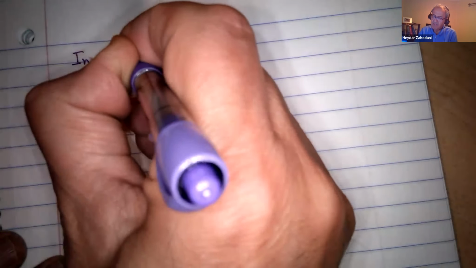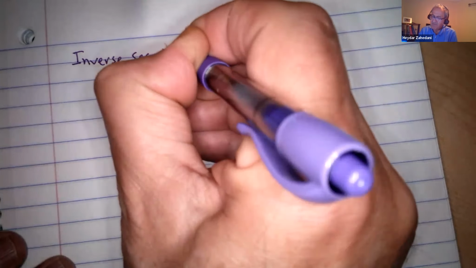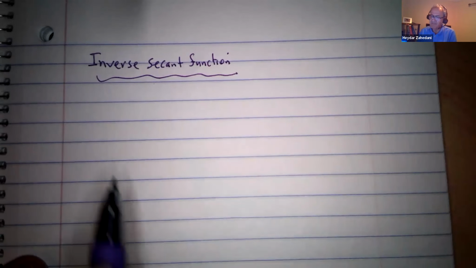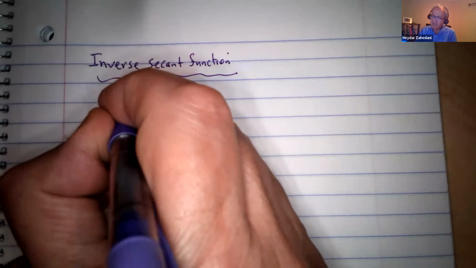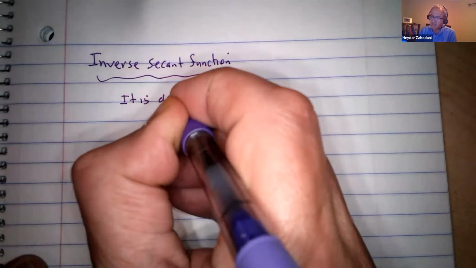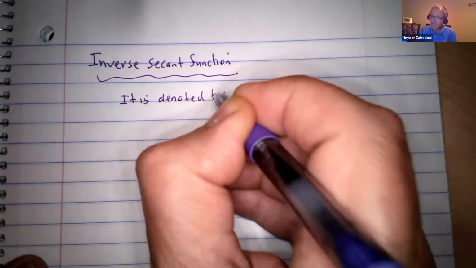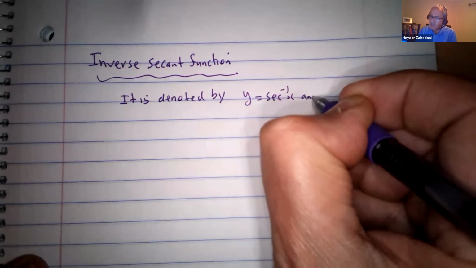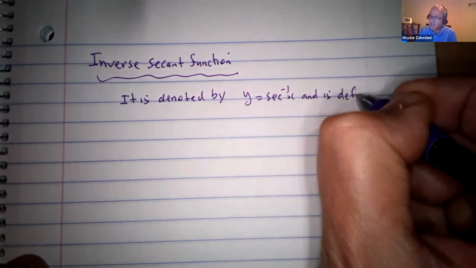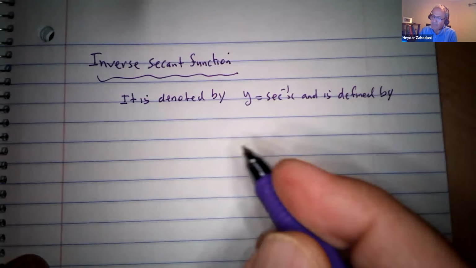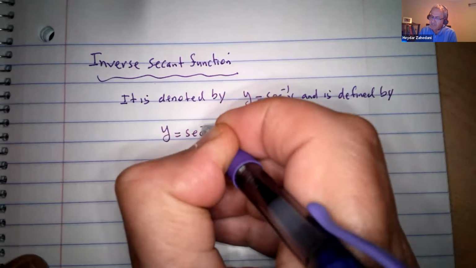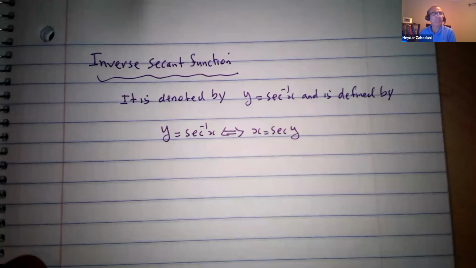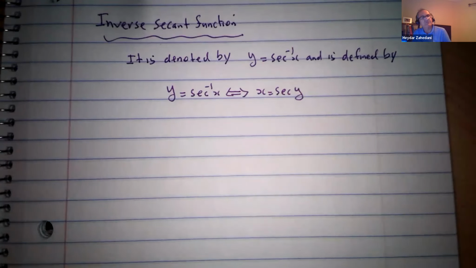As usual, it is denoted by y equal to the secant inverse of x, and is defined by y is the secant inverse of x if and only if, you switch it, x equals the secant of y. So the definition is going to be the same as you did for the other one.